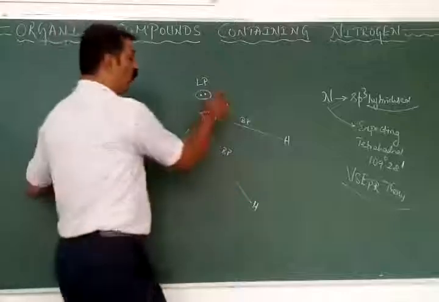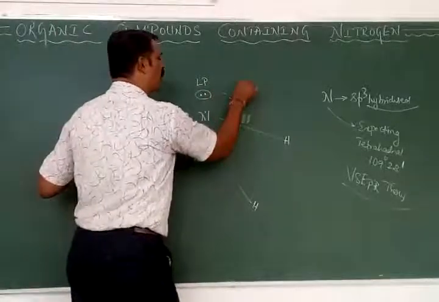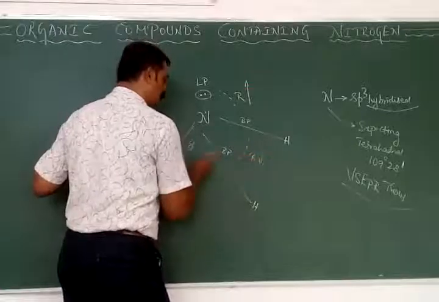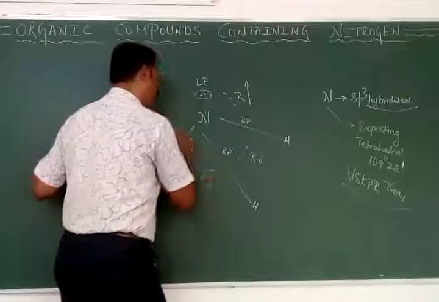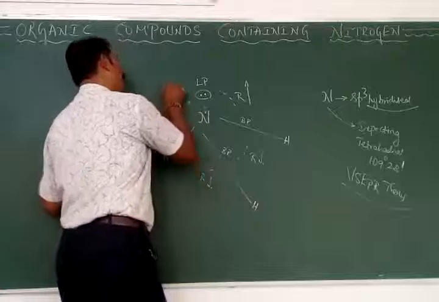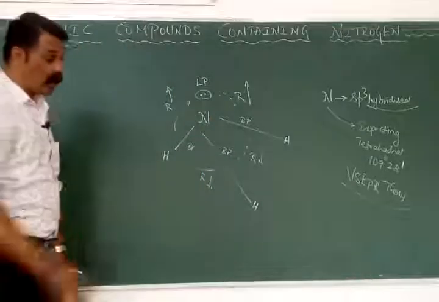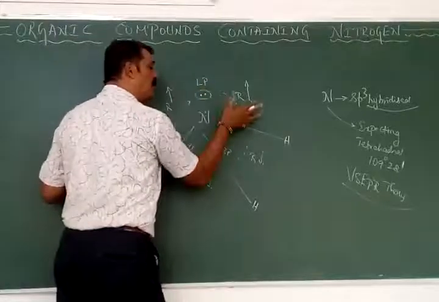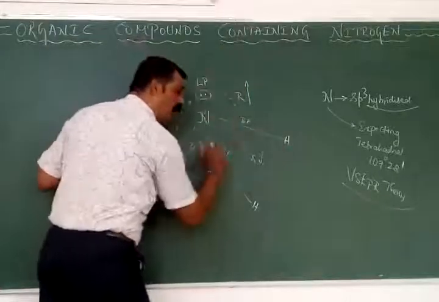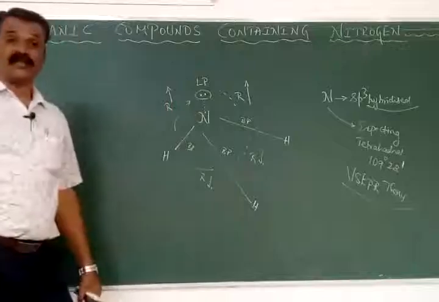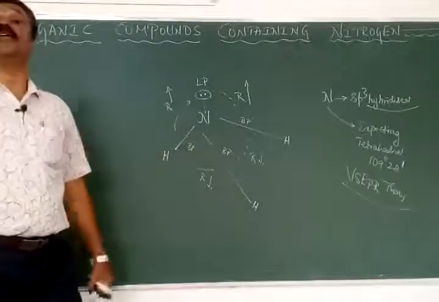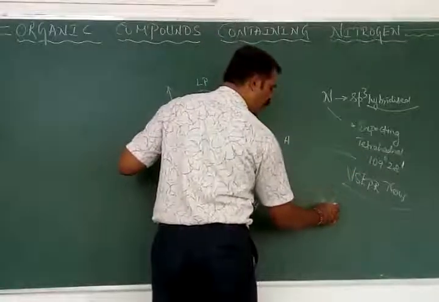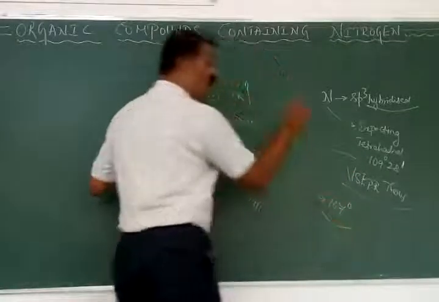So here, this repulsion is found to be greater compared to that, but this again is found to be more. What's the meaning of that? According to the VSEPR theory, the lone pair bond pair repulsion is far greater compared to the bond pair with bond pair, such that the bond angle gets decreased from 109 degree 28 minutes to 107 degree.